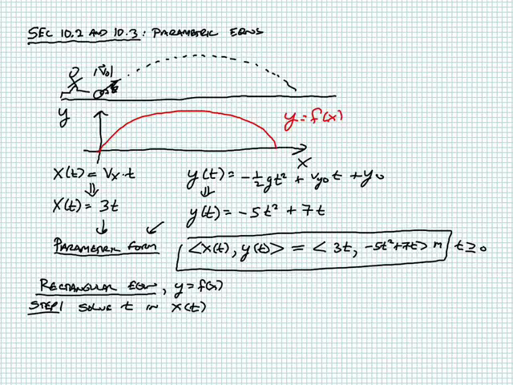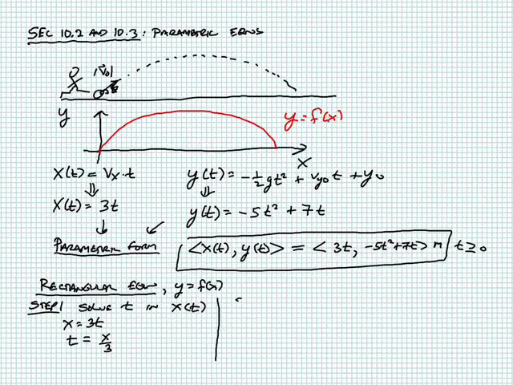So I look at the x position, which is 3t, so x is equal to 3t. I solve this for time, and so time t is equal to x over 3.